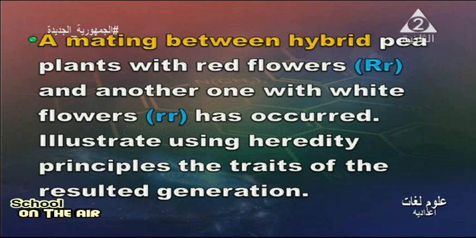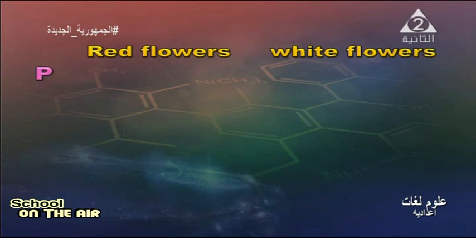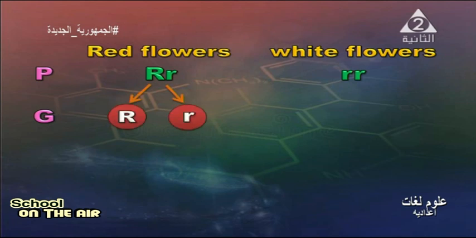Illustrate using the heredity principle the traits of the resulting generation. As in Mendel's law, the parents are red flower capital R small r and white flower small r small r. The gametes formed are capital R, small r, and small r.